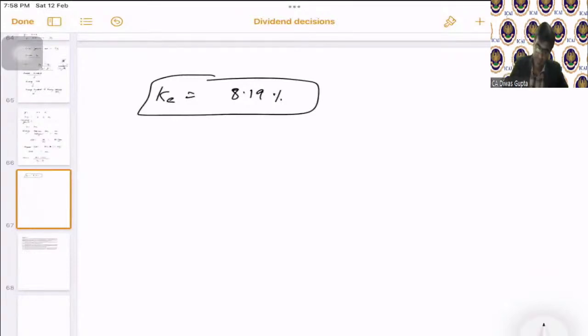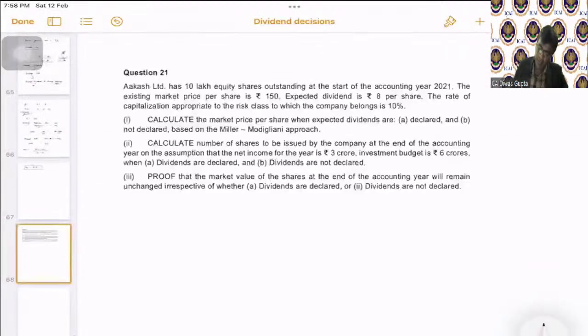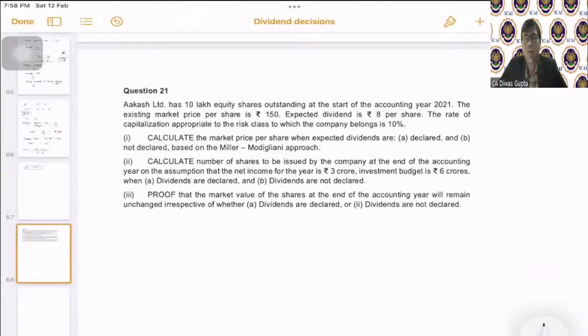Okay, Khushi. Now let's go to the last question of dividend, question number 21. Now what does it say? Akash Limited has 10 lakh equity shares outstanding at the start of the accounting year 2021.